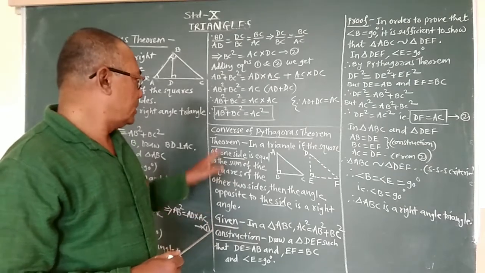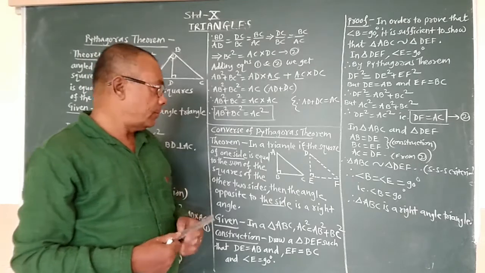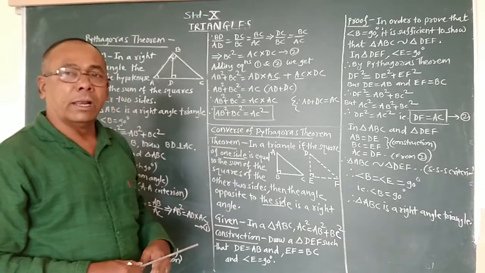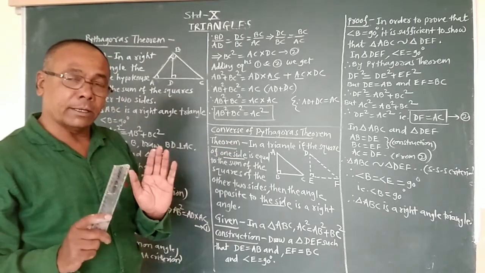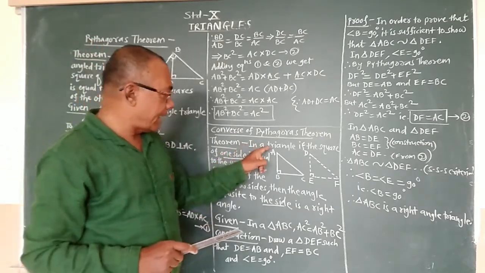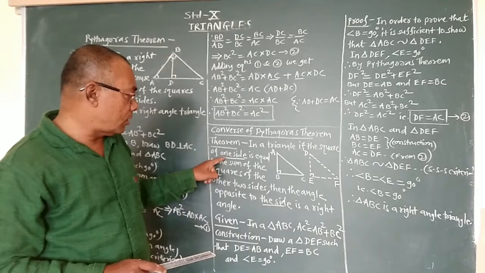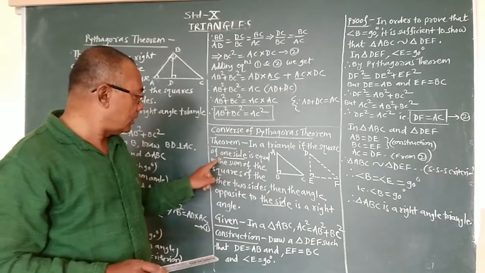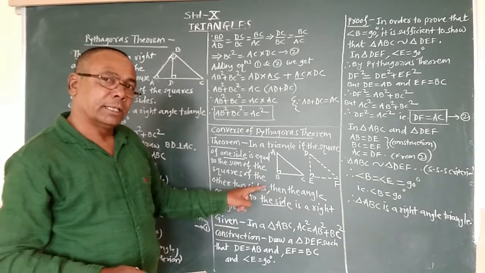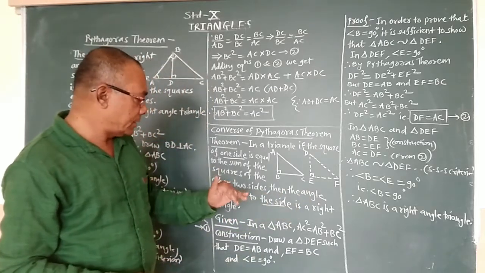Now we have to see the converse of Pythagoras theorem. The theorem states that in a triangle, any triangle, not necessarily a right angle triangle, if the square of one side is equal to the sum of the squares of the other two sides, then the angle opposite to that side is a right angle.